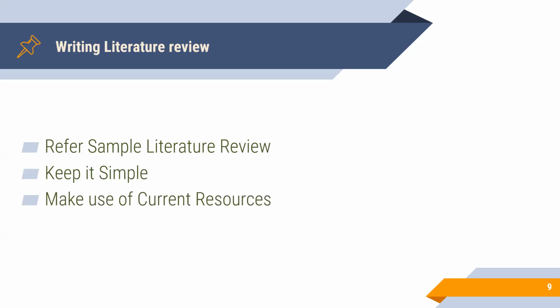So make use of current resources. Make use of the last 5 years or past 10 years of research data, the most current resources. Okay. Then organize your work. You should organize your work in a manner that keeps the reader interested.